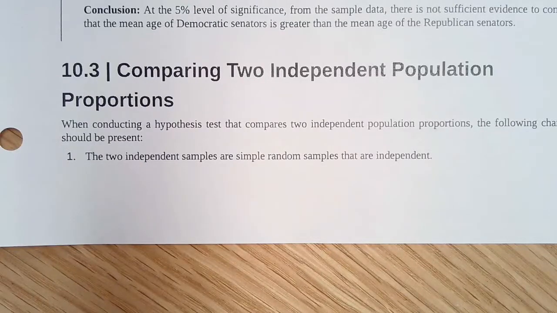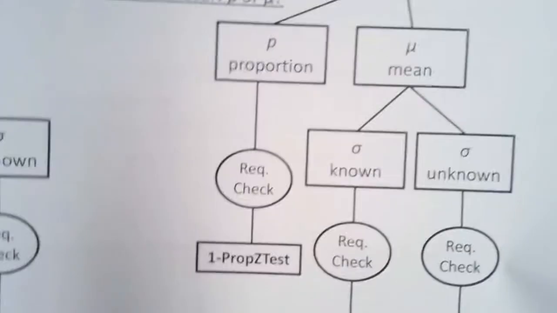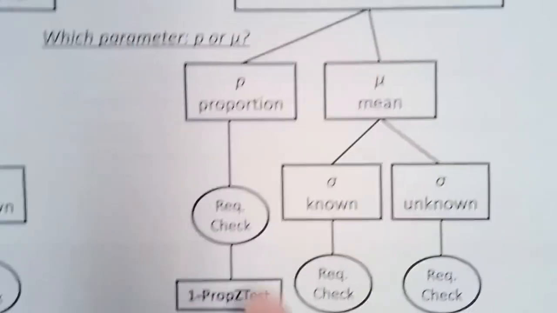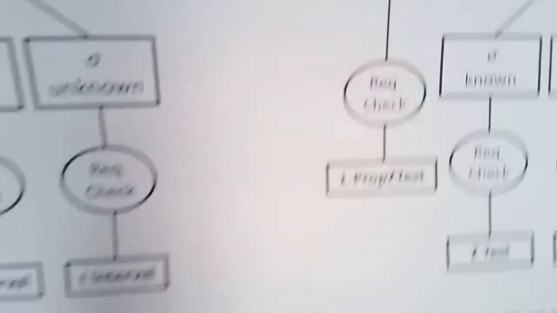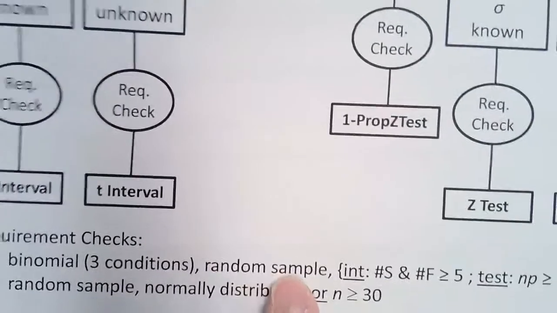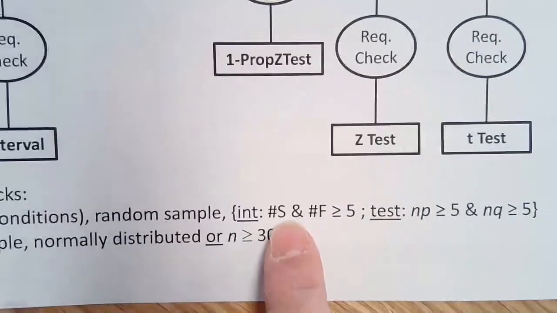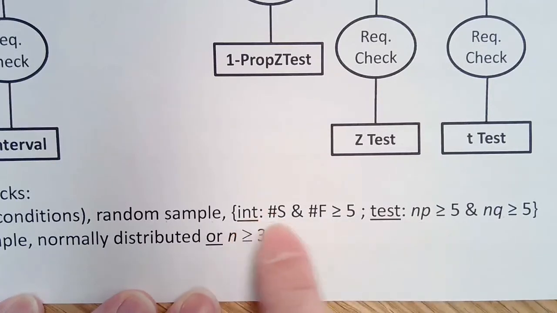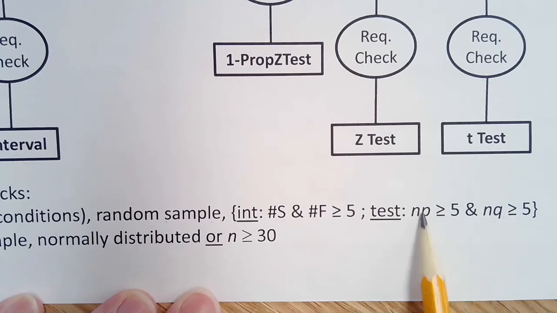All right, so let's take a look at 10.3, comparing two independent population proportions. We're still going to use our flowchart. This is a hypothesis test, but we're doing a proportion. You can do your required checks and see that it's binomial, it's a random sample, and for the test part, n times p is greater than or equal to 5, and n times q is greater than or equal to 5.